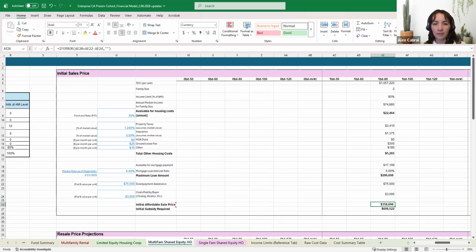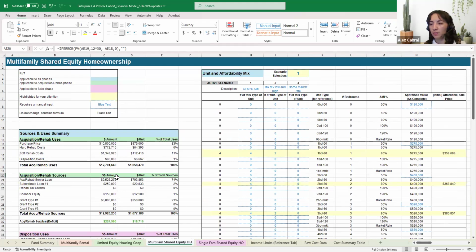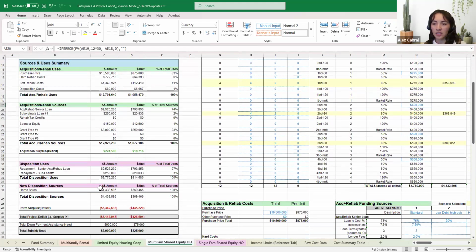So just remember that. And as I mentioned, you'll fill these in here. It'll spit this out. And this translates over to going all the way to the left, home sales, right? So this will be your repayment source for the acquisition, rehab, senior loans, any subordinate debt.